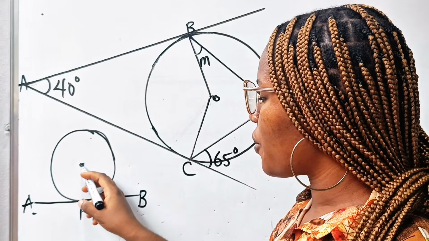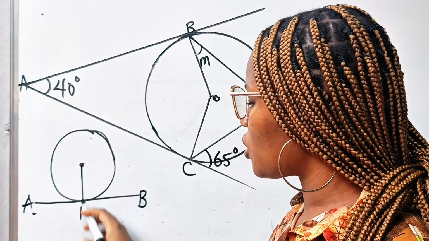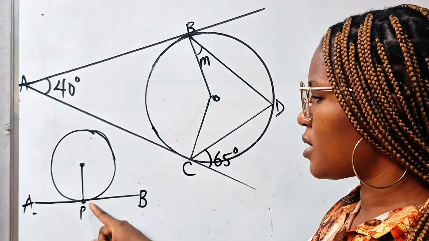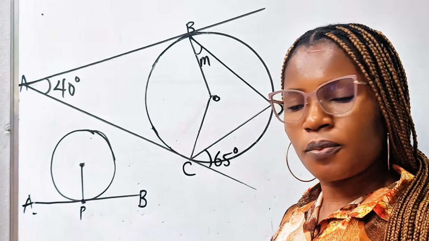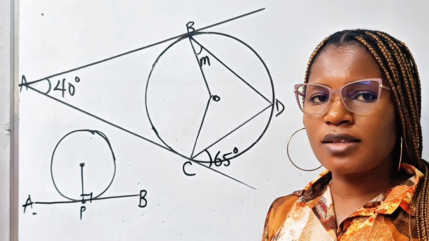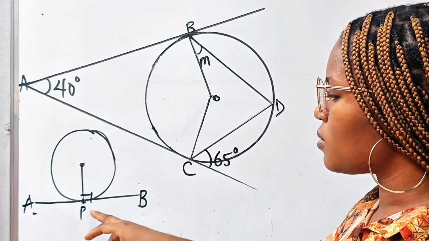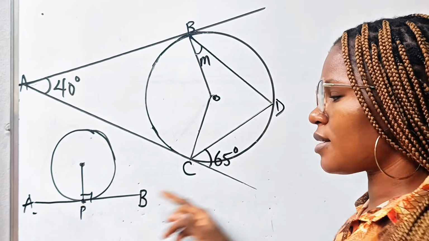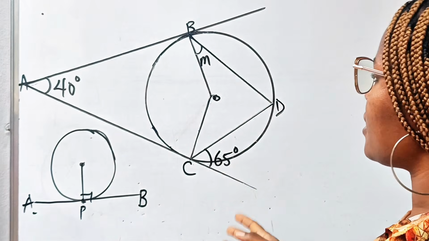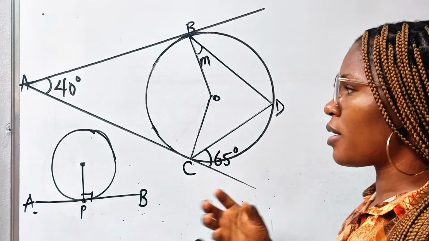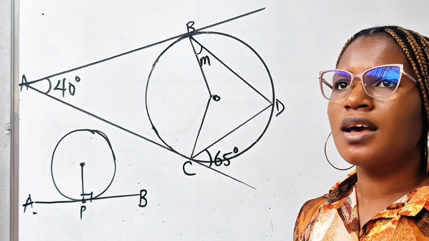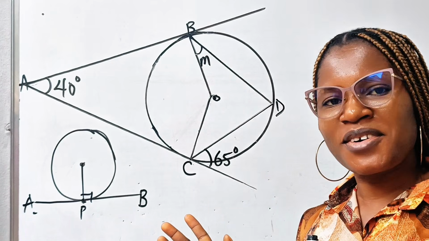If you draw your radius from the center to touch this particular tangent at its point of contact with the circle, then 90 degrees is formed between the radius and the tangent. So these are the theorems I'm already seeing and I've not started applying them. Now let's get to work.